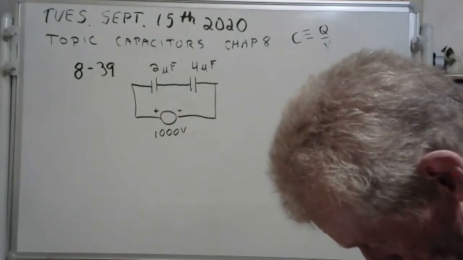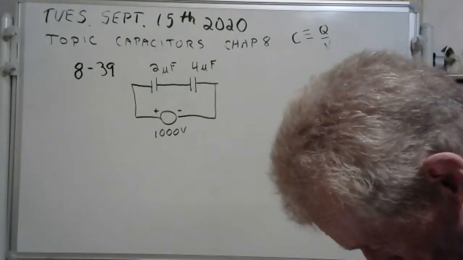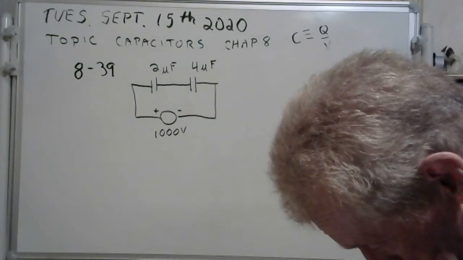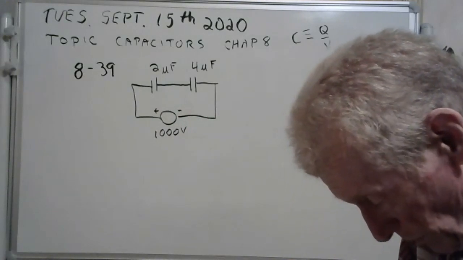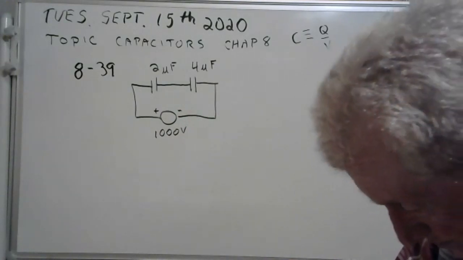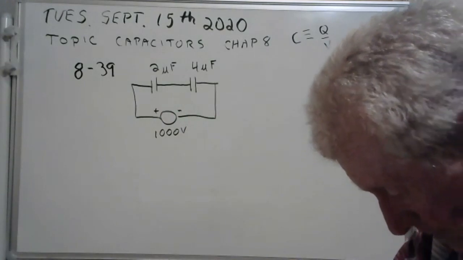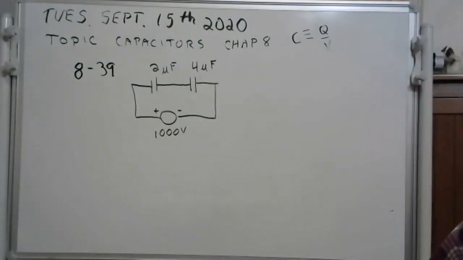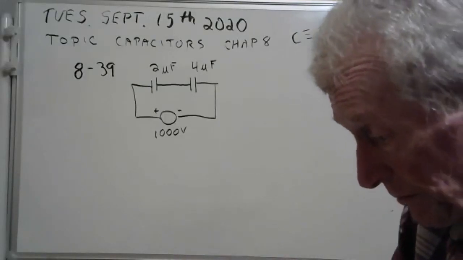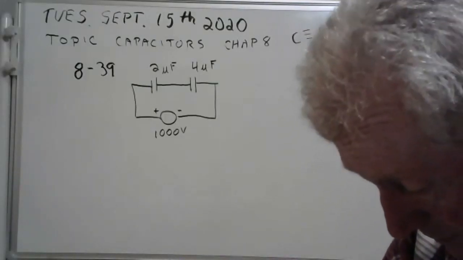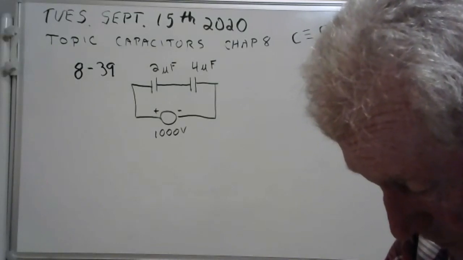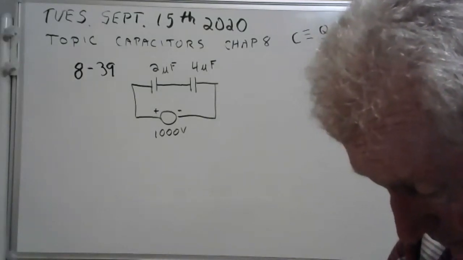The charged capacitors are then disconnected. We'll do that in a minute, but first let's see what the charge is going to be on each one and the voltage on each one. We'll do that and then we'll disconnect them like they said.